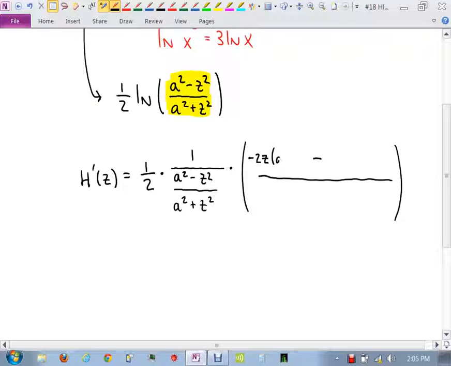Times the bottom. Okay, minus the derivative of the bottom. What's the derivative of the bottom? 2z times the top, all over the bottom squared.